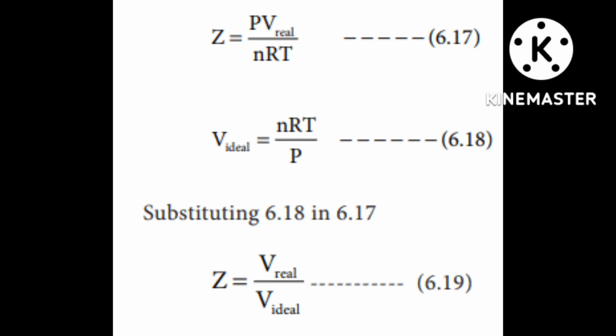If temperature and pressure were the same, it is the volume of the real gas divided by the volume of the ideal gas. That is also called the compressibility factor.